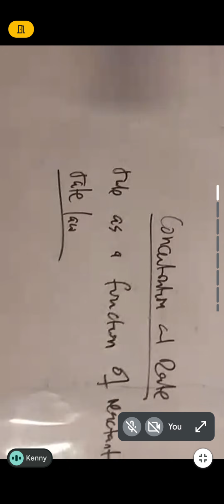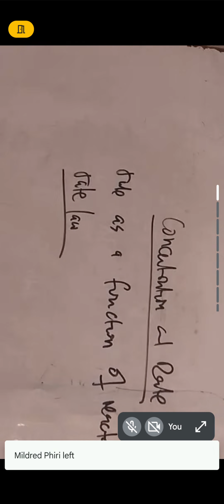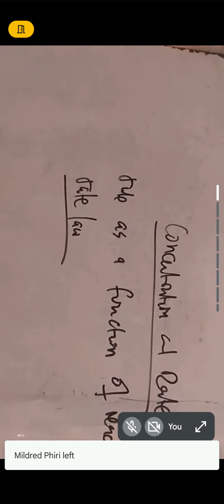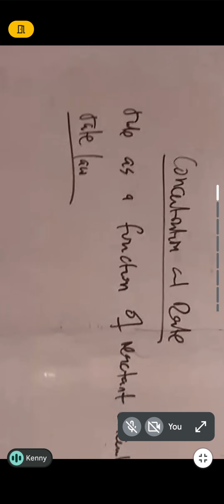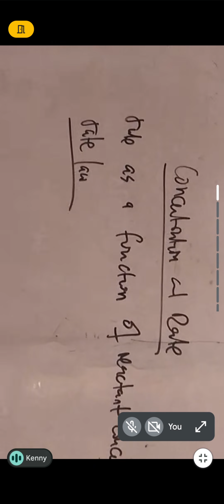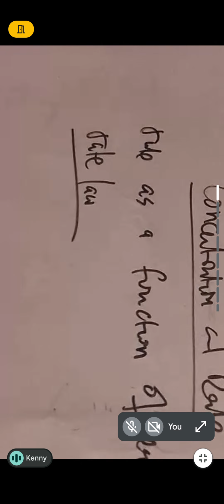Okay, rate law. To determine the rate law, we measure the rate at different starting concentrations.